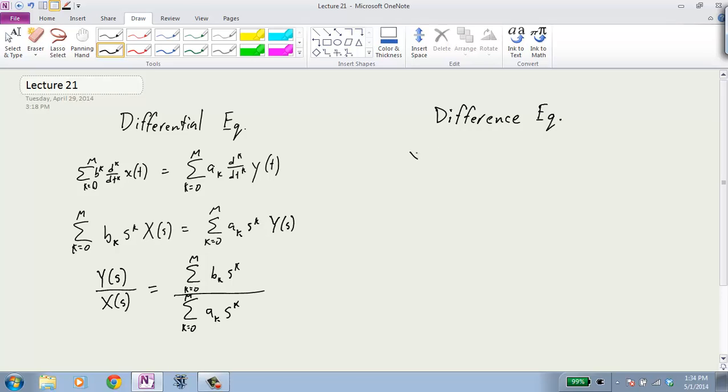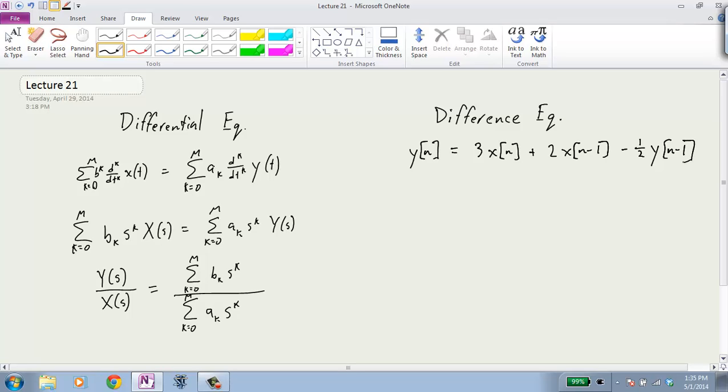As an example, suppose that y[n] equals some linear combination of the past inputs, so let's say 3x[n] plus 2x[n-1], and also some of the past outputs, like minus 1/2 y[n-1].